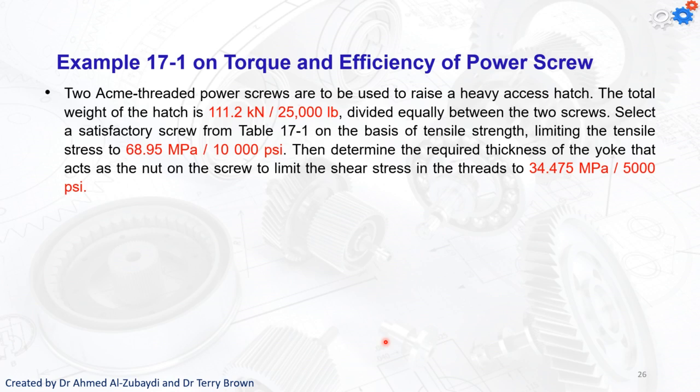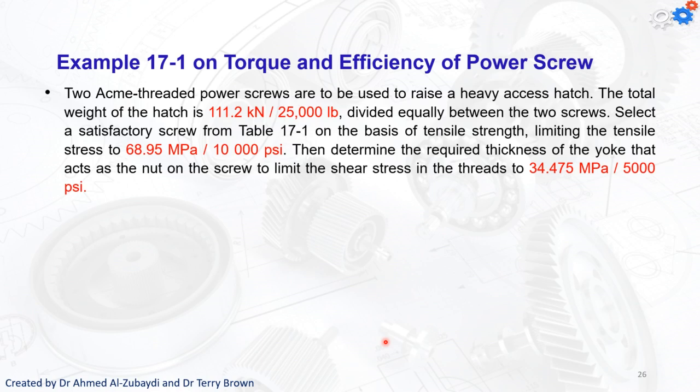So again, to solve one example here, the other example is going to be solved within the tutorial questions. Example 17.1 from the Mott textbook, on the torque and the efficiencies of the power screw. We have two Acme threaded power screws to be used to raise a heavy access hatch.